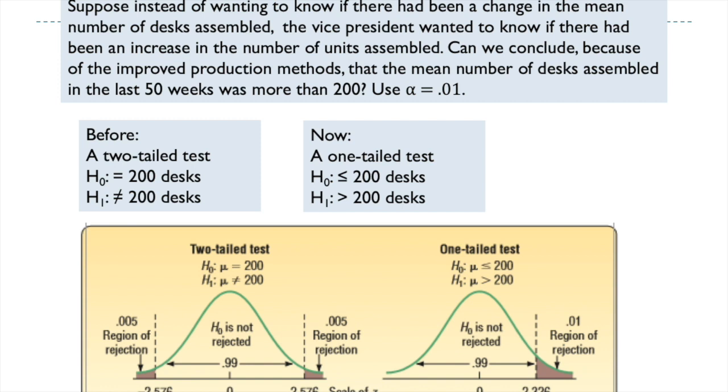And so you can see now the differences, so here's the side-by-side in terms of the distributions, right? This was the one we just worked with, the two-tailed test, and then here's what it would look like with the one-tailed test.